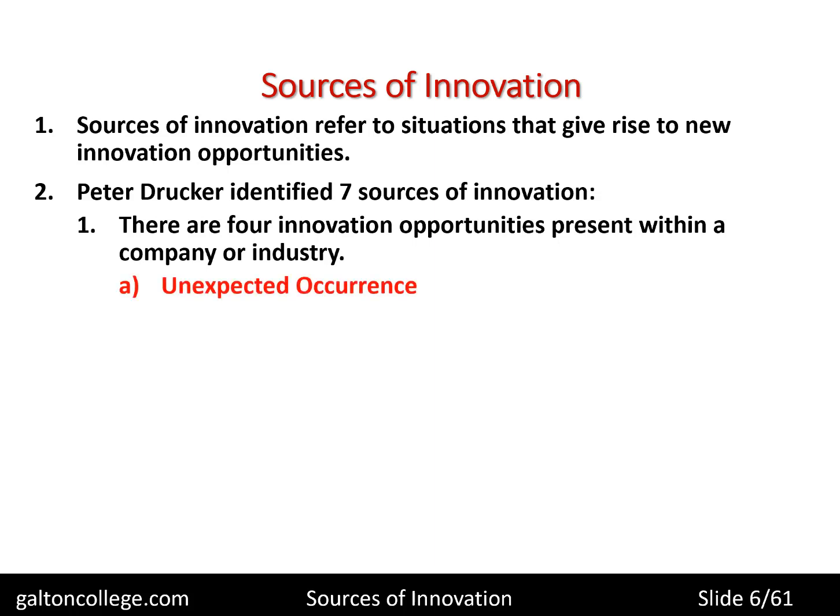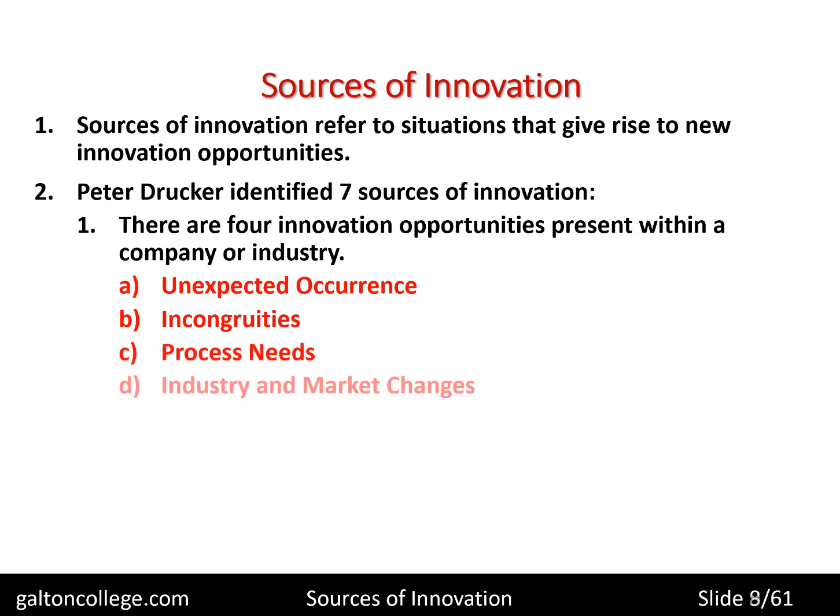These are unexpected occurrences, incongruities, we'll talk about what these mean later, process needs, industry and market changes. So these are internal to the organization. These relate to the organization from an internal perspective, and we'll go across what we mean by those in a few seconds.